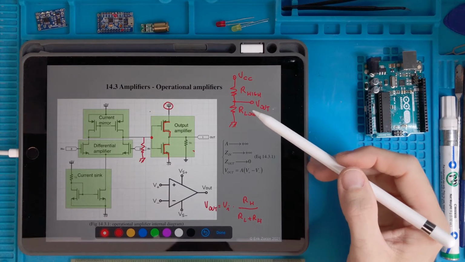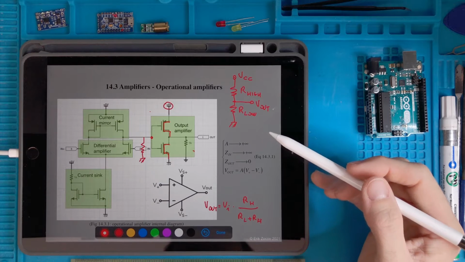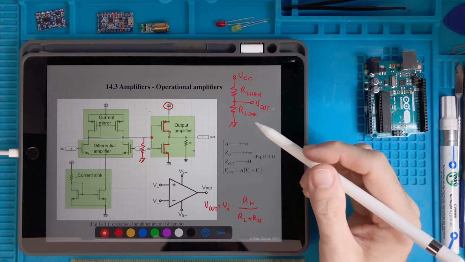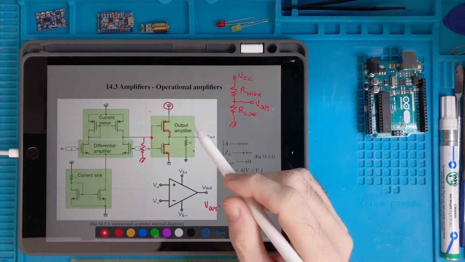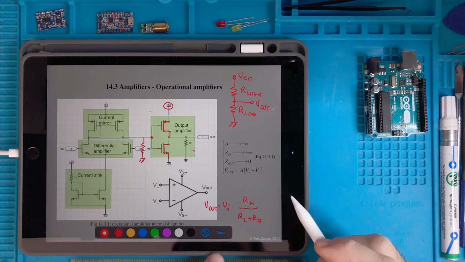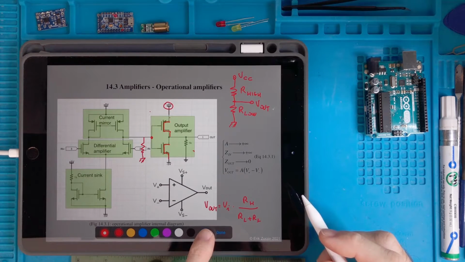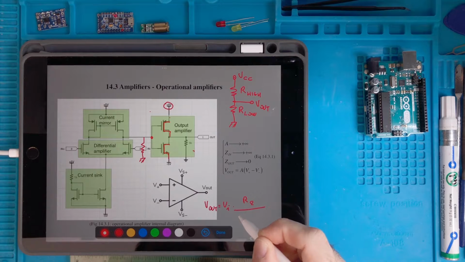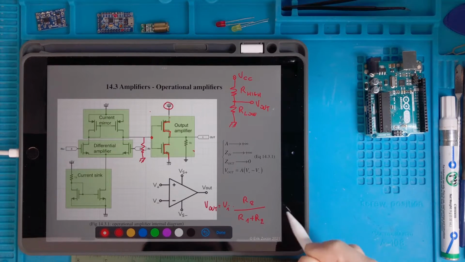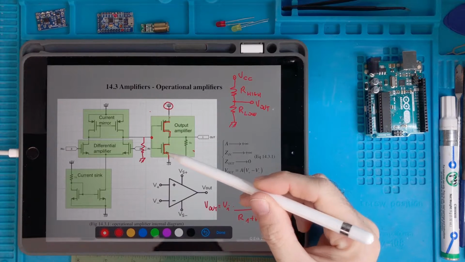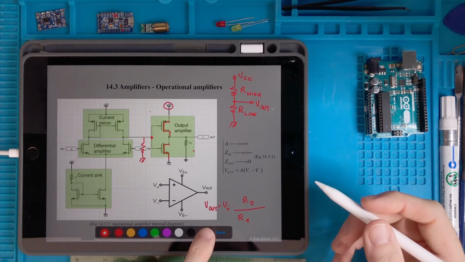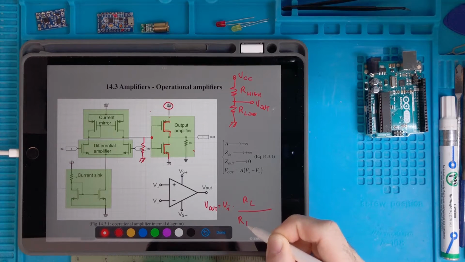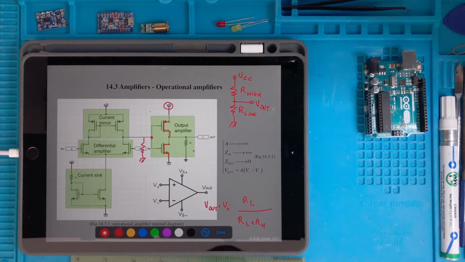Okay, sorry, I made a mistake. So it's like this, but R2 is this one, is R low.